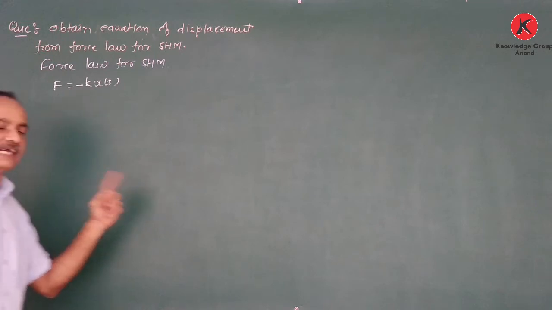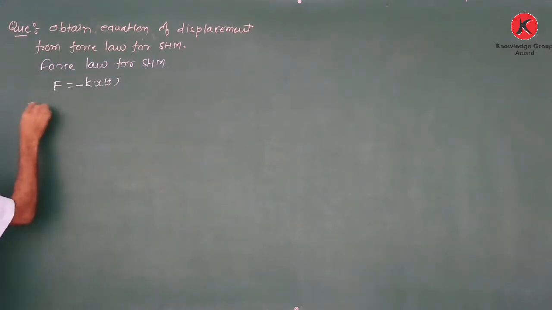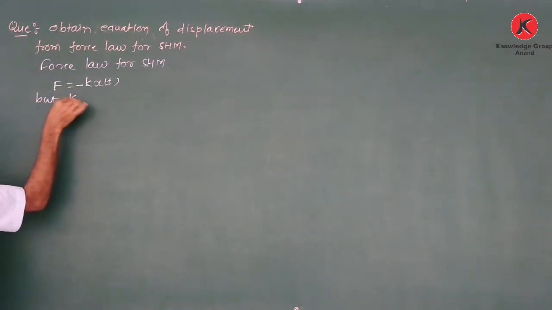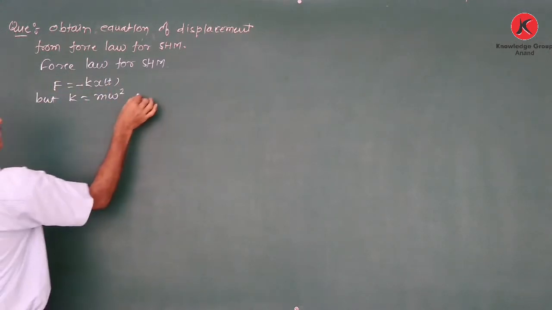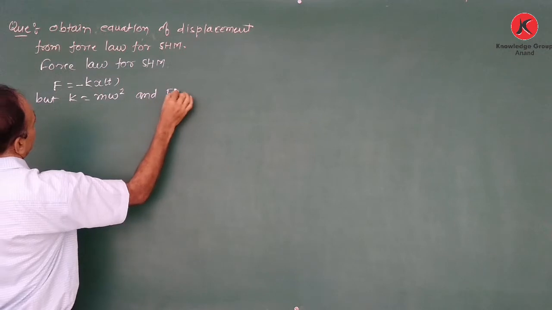But we know that k is equal to m omega square, and F is equal to ma.